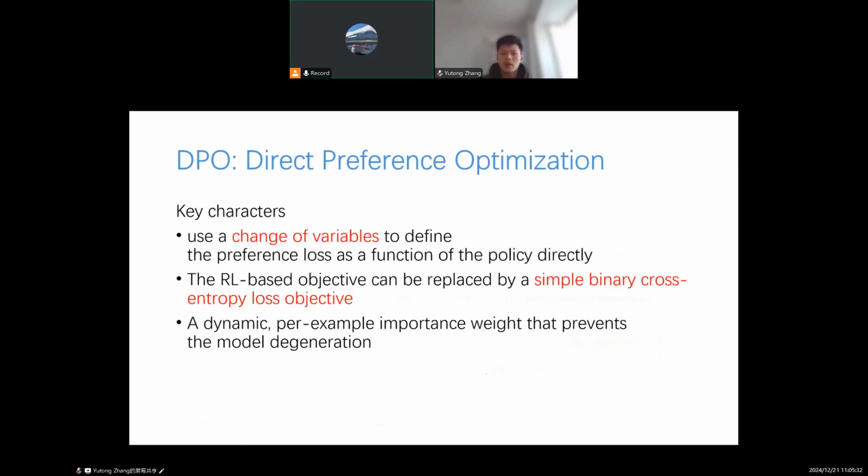Second, the RL-based objective can be replaced by a simple binary cross entropy loss objective, which means the DPO algorithm is very similar to the training of supervised fine-tuning. Third, a dynamic per-example importance weight that prevents model degeneration. Here degeneration means the decrease in the performance of a model.